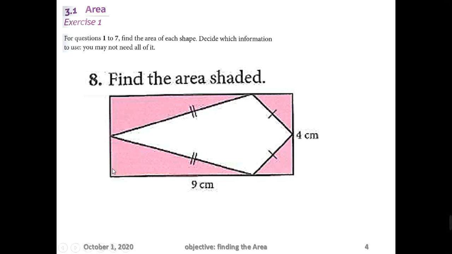As you can see, the kite is inside the big rectangle, as if there is an opening in the rectangle that took the shape of a kite. Accordingly, we're going to subtract the area of the kite from the area of the rectangle to find the shaded area. I will leave it for you to solve step by step.